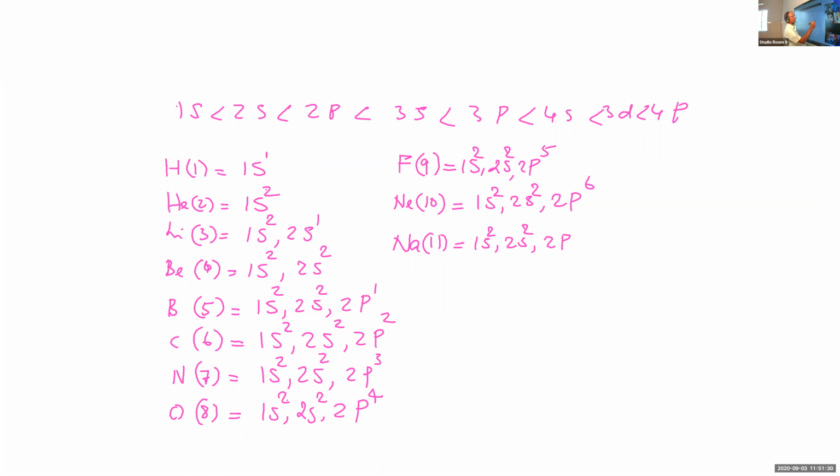So the configuration will be 1s2, next level 2s2, next level 2p, maximum 6, then after 2p, 3s2, then after that 3p6. How many electrons now?